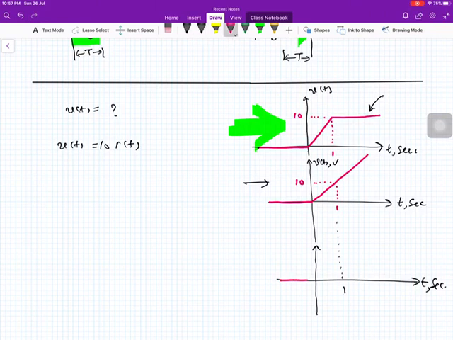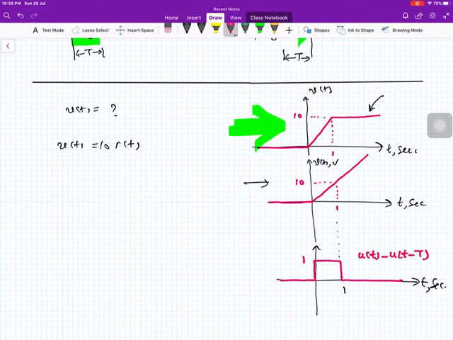So just consider this function. This is 1. So what is this function? We have seen previously that this is u(t minus 1).